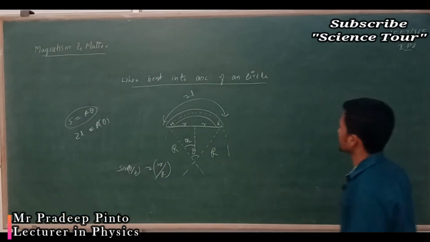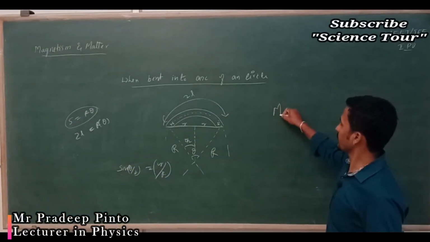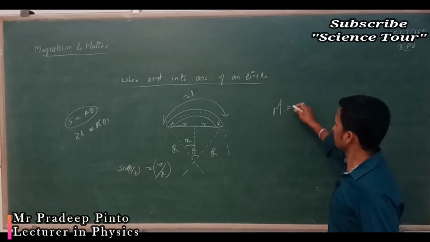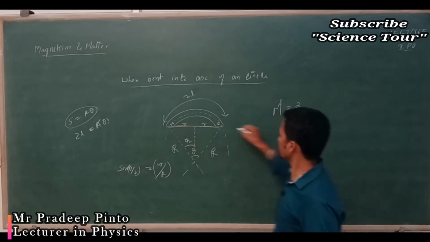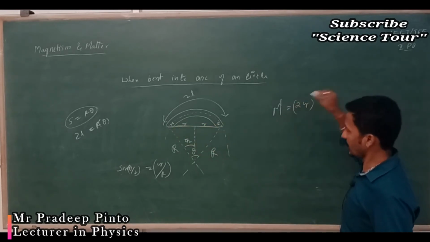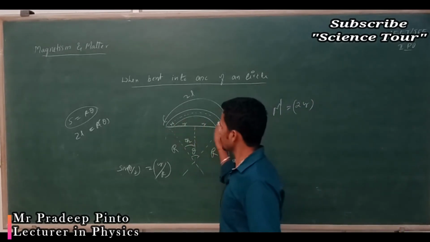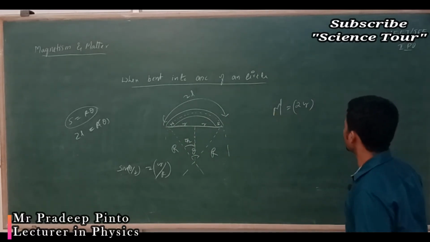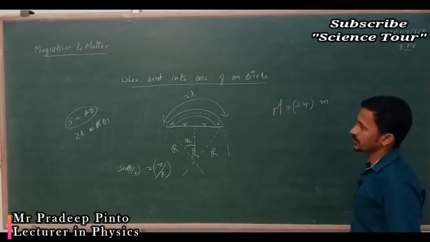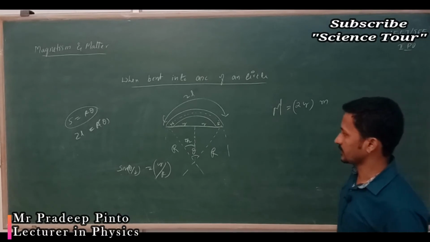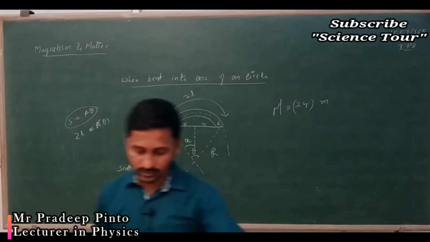The change in magnetic moment: the total length is 2y. 2L was there, and 2y is now the shortest length, into the magnetic pole strength.